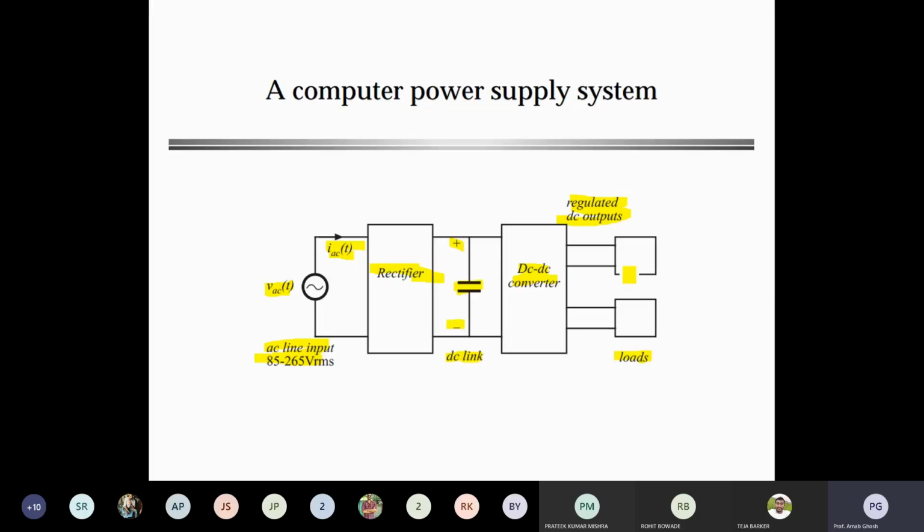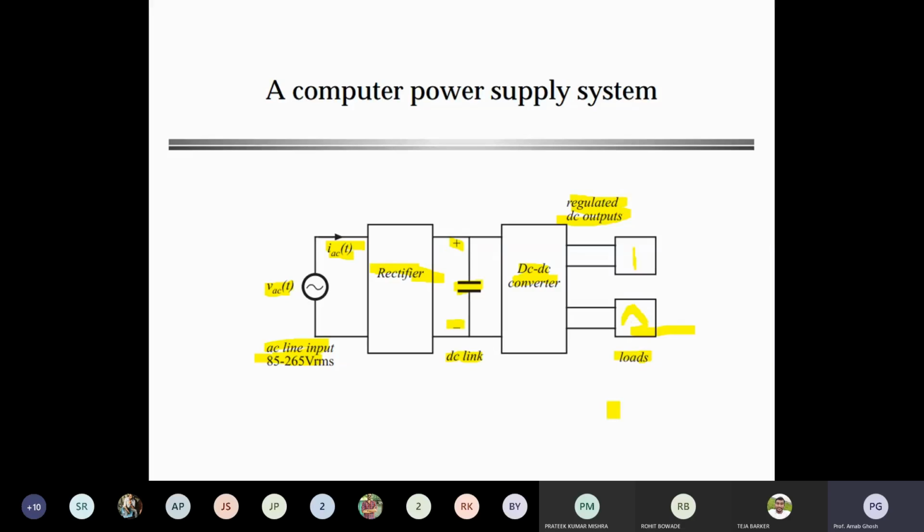So all the required power supplies in your computer are observed. Then the load is there, sometimes other loads too. One is the regulated DC supply, another is the load. It is load 1 and load 2. This load goes directly to your processor, and this load goes directly to your hard disk.